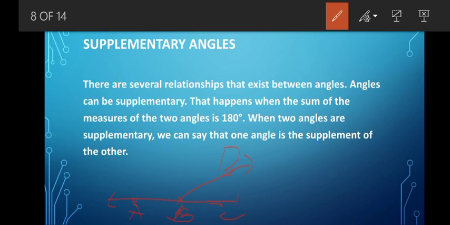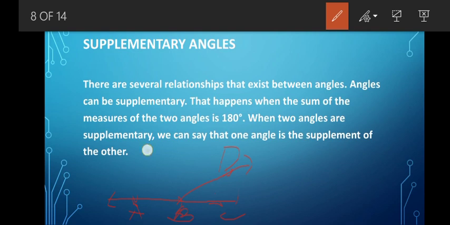So when you see supplementary, two angles, dalawang angles to kasi yung angle DBC and the angle ABD are the two angles. Two angles. So let's just give a value.